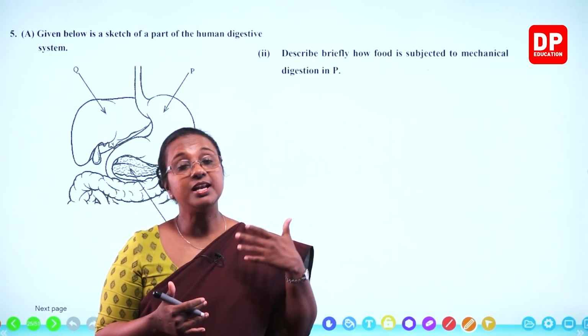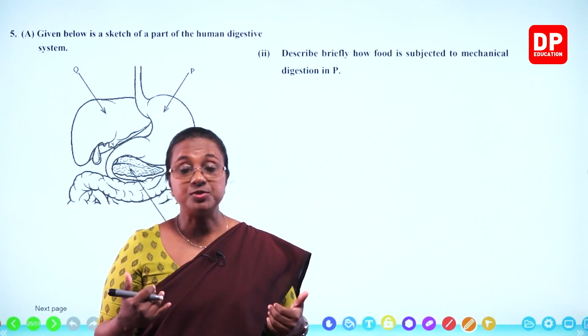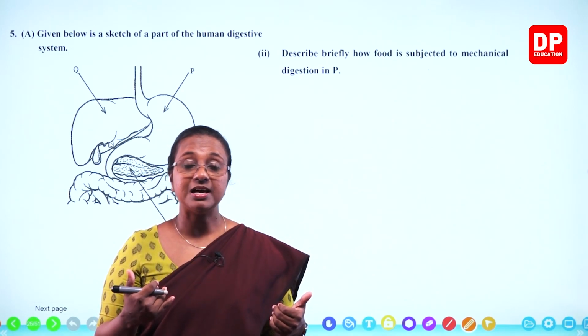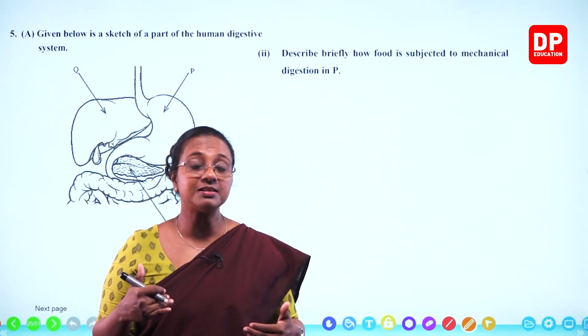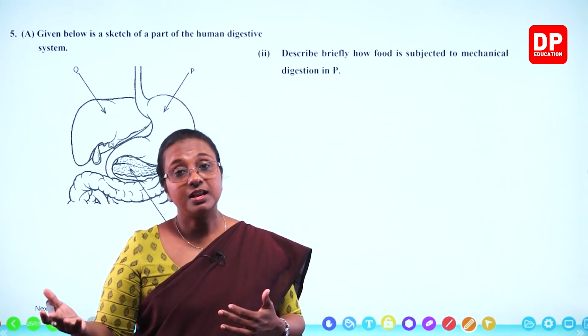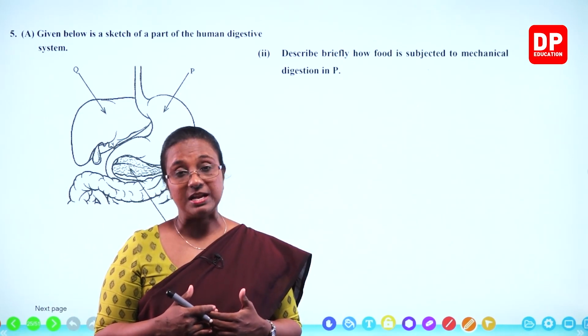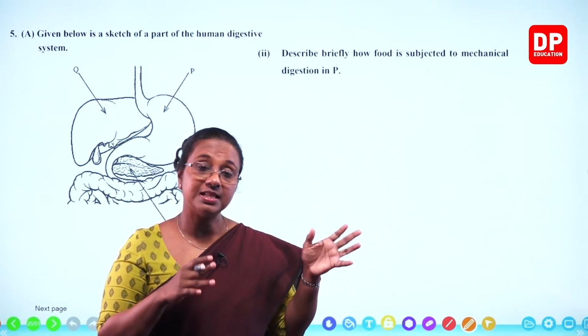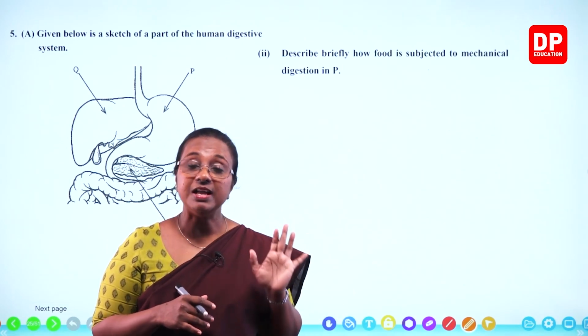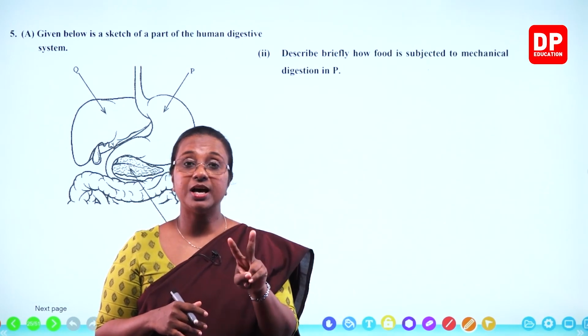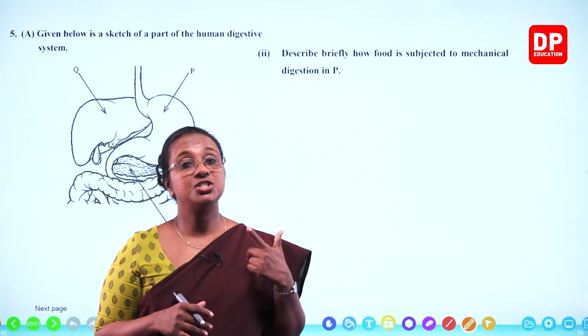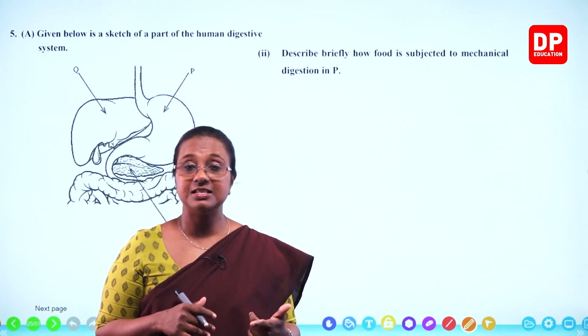In addition to that, the digestive tract absorbs the minerals and the digested end products, and also removes undigested materials. All that happens in the digestive system. And when we take digestion, there are two types. One is chemical digestion, the other one is mechanical digestion.